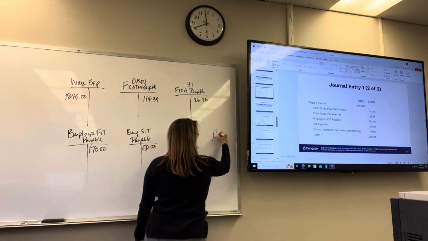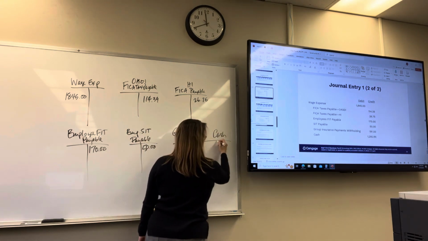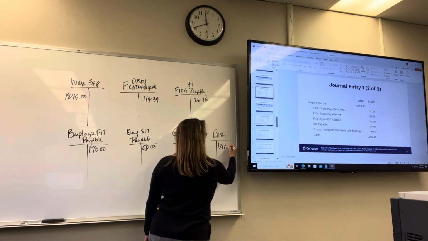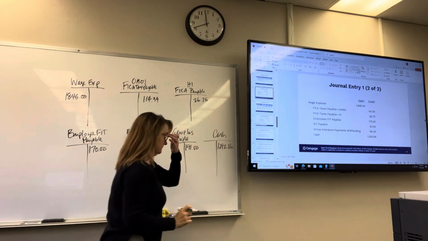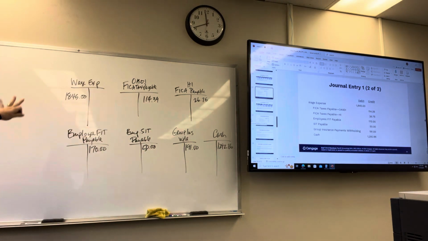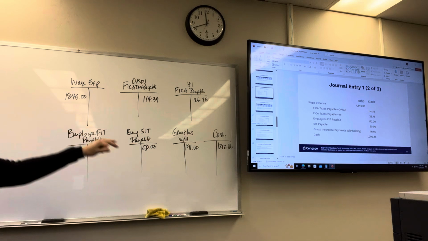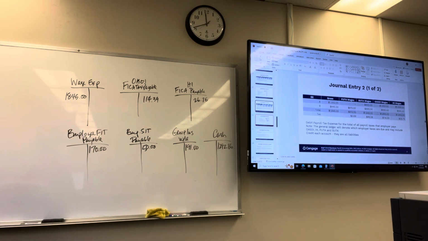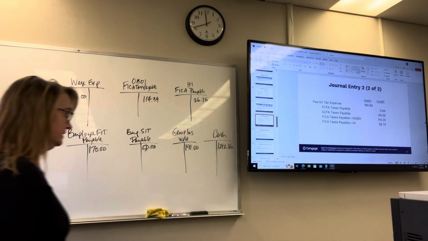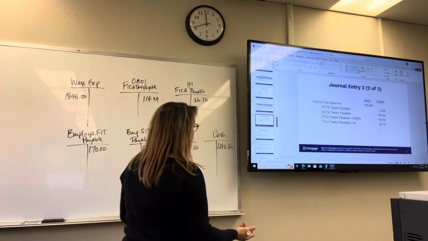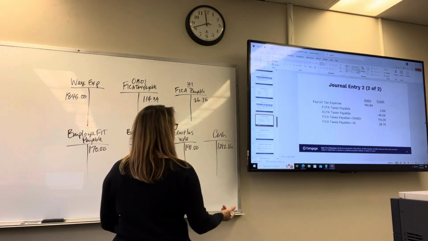And then we have cash. Cash went out of $1292.86. So all of those entries then get transferred over to their separate ledger accounts. Same thing happens with the next journal entry, and of course for every journal entry that is made in the accounting system.